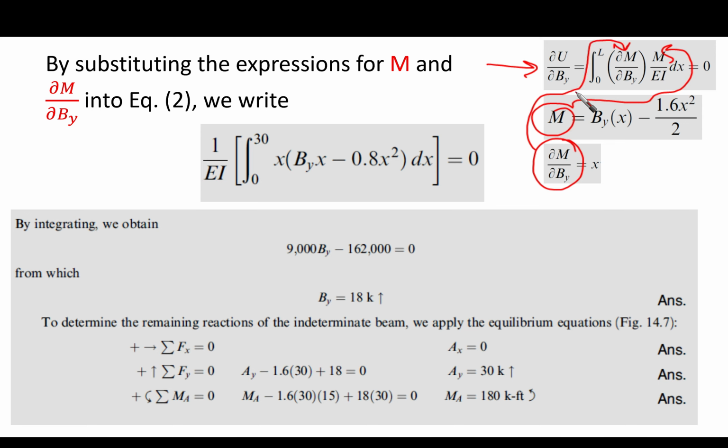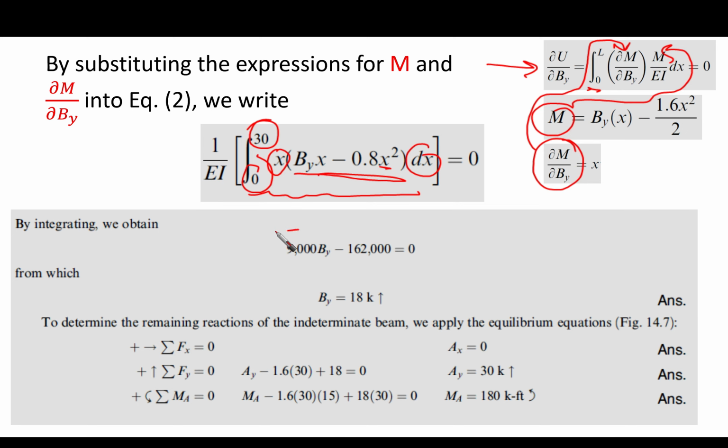When we put them together under the integration, we obtain this equation, which is the integration with limits, x times the parentheses equal to 0, right? This is a very simple definite integration. It is one equation in one unknown. Take care, we are integrating with respect to dx, our main parameter.